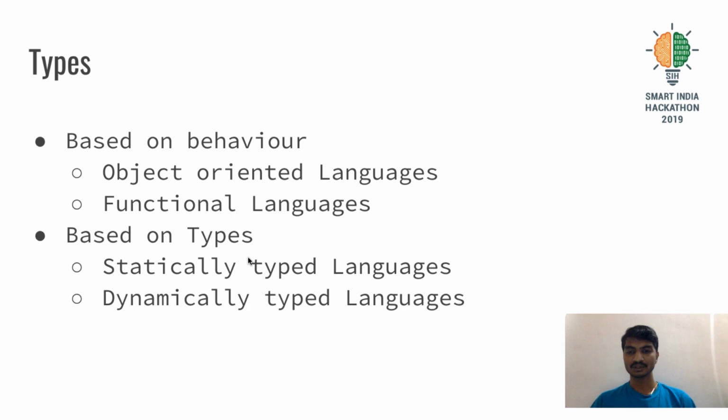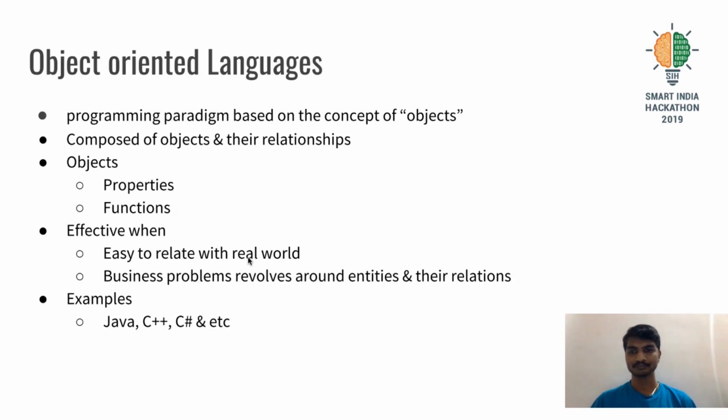Actually, an object-oriented language can be statically or dynamically typed, and the same applies to functional languages also. Same as we have done for architectural patterns, it is better to consider our requirements and the goals we need to achieve, and based on that choose our language.